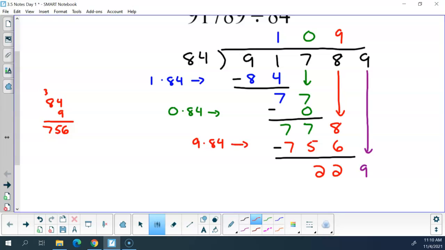How many times does 84 go into 229? 2 times. What's that, 168? What's left over? 61?